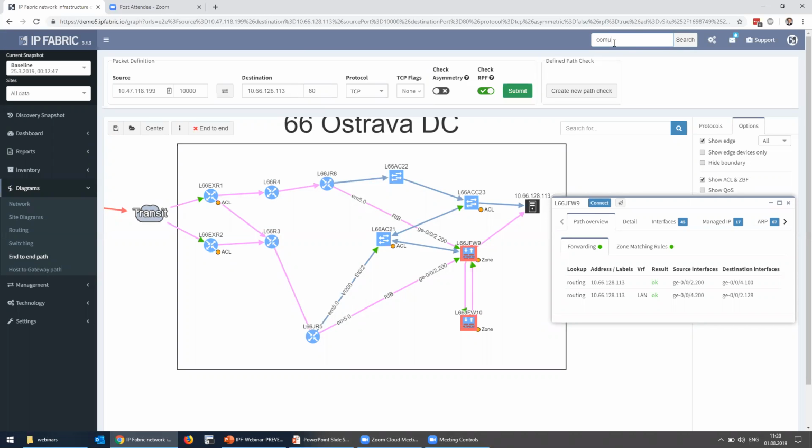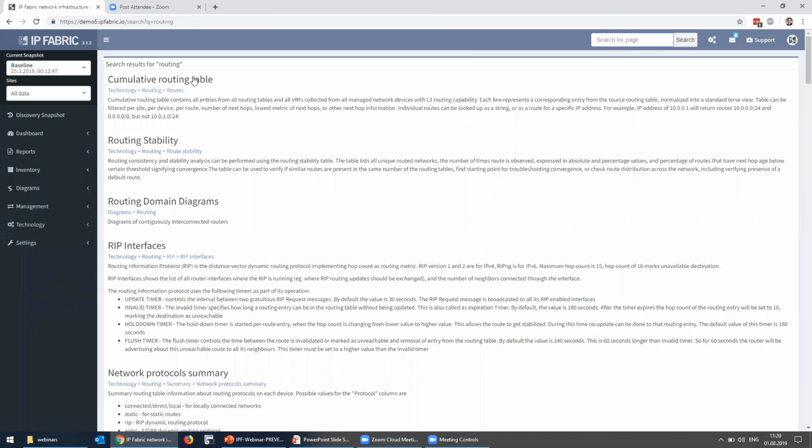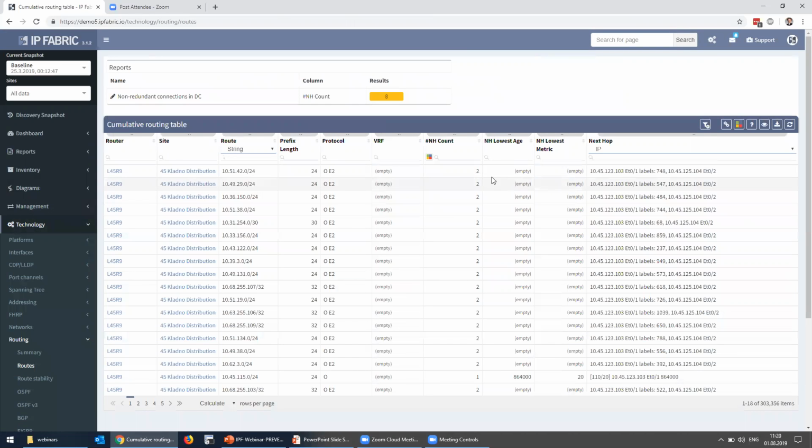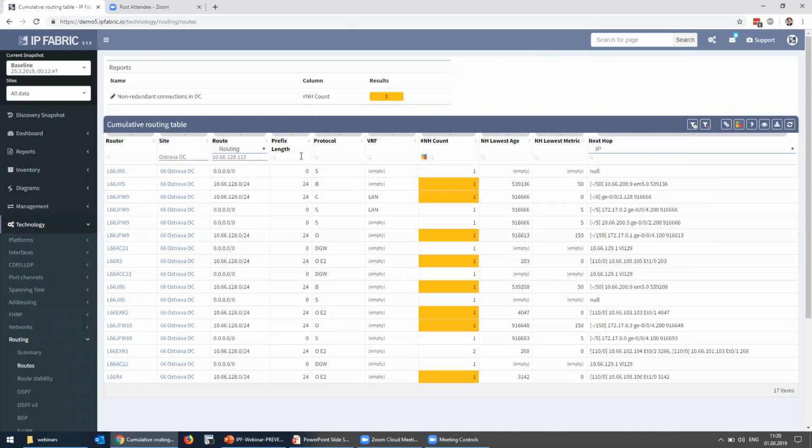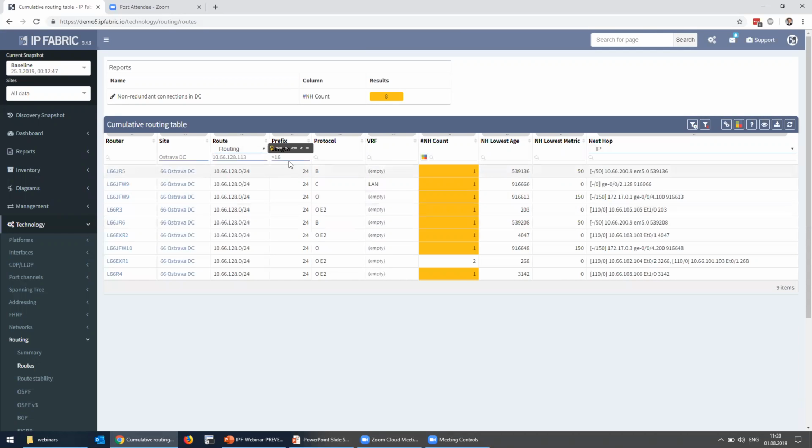So to express that, we can go look at the routing itself. We can look at the routing and set up a verification check where routing to this particular IP address, so any network that can route to this particular IP address at the Ostrava DC site, which is not a summary, or we can specify, because we know that there is a specific routing protocol.